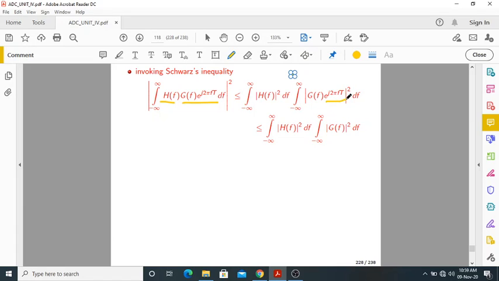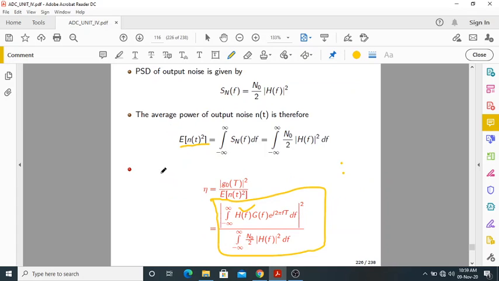Anyway, the mod of e power j 2 pi f T will be 1. So this is what you have finally. Okay. Now the numerator of the above expression is less than or equal to the product of these two quantities. Then finally what would happen? This is what you get. Now this eta will be, so you can clearly write here otherwise.